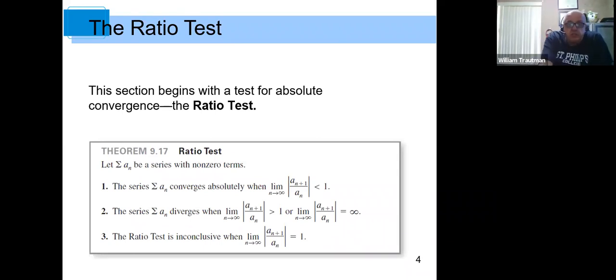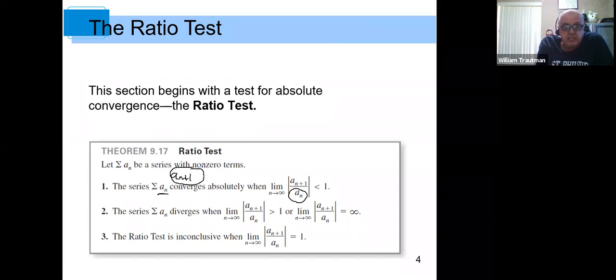So here's our series A sub n. The ratio test, once again, is a fraction. What we do is find A sub n in the denominator, and the next in the series would be A sub n plus 1.